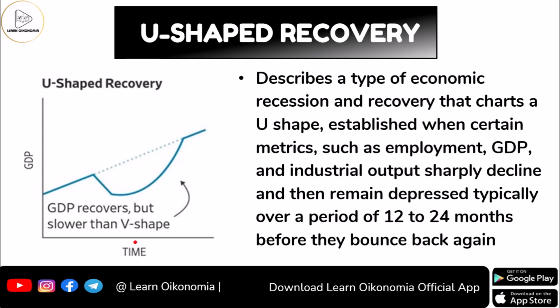Again, we are measuring time along the x-axis and GDP along the y-axis. Here the GDP would recover, but it would be very much slower than what we could see in the case of V-shaped recovery. So here the industrial output would be declining sharply, and it would stay for this period.